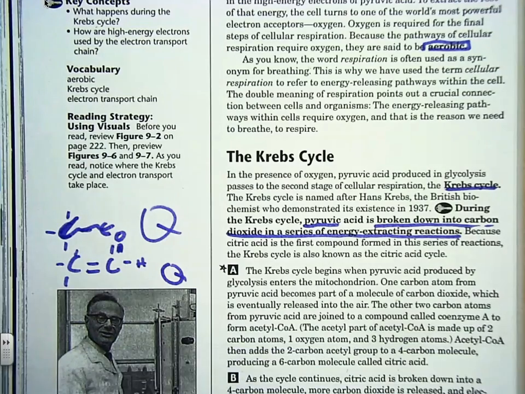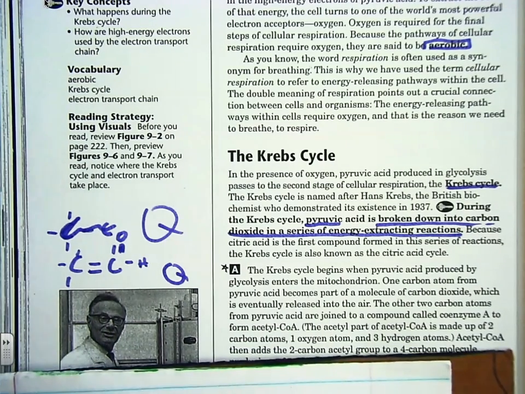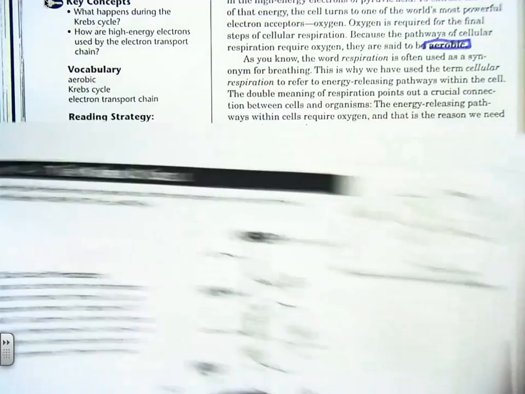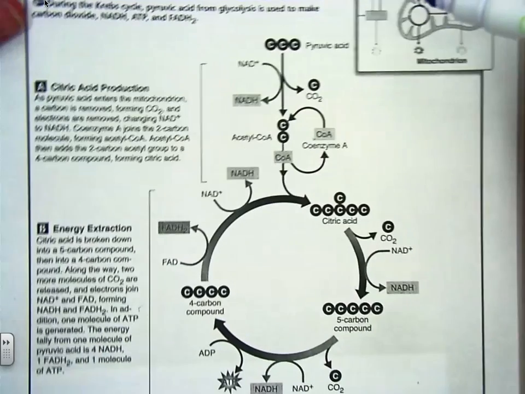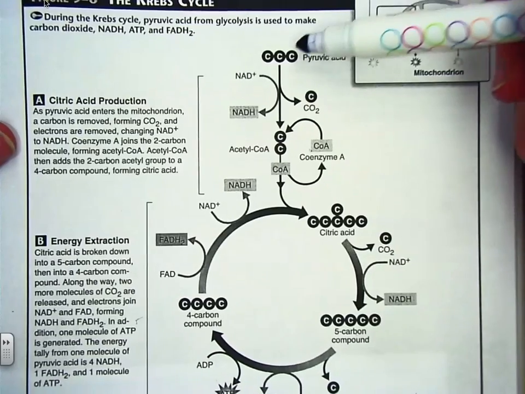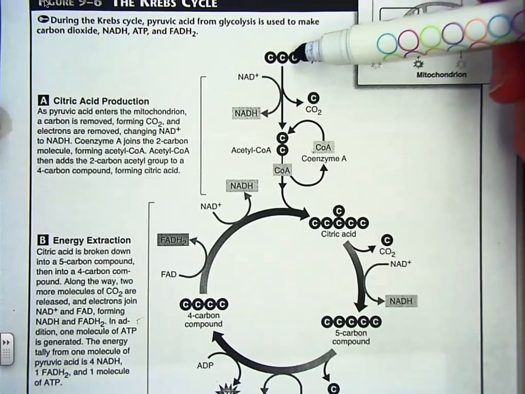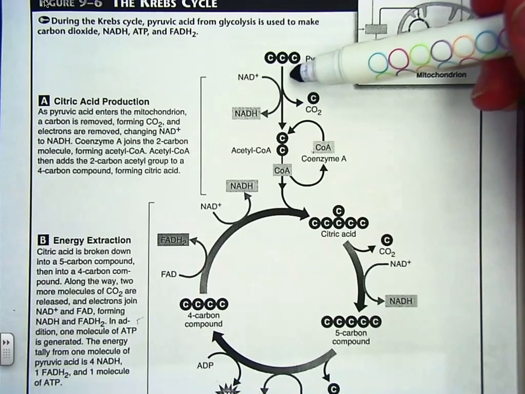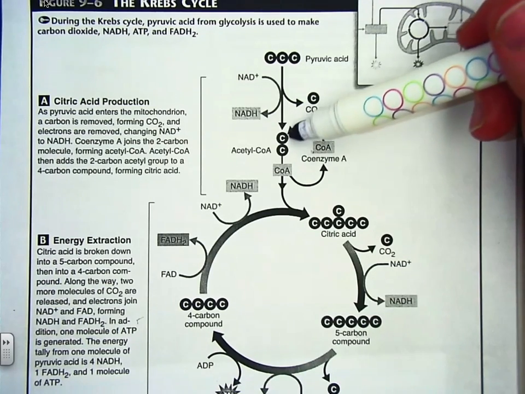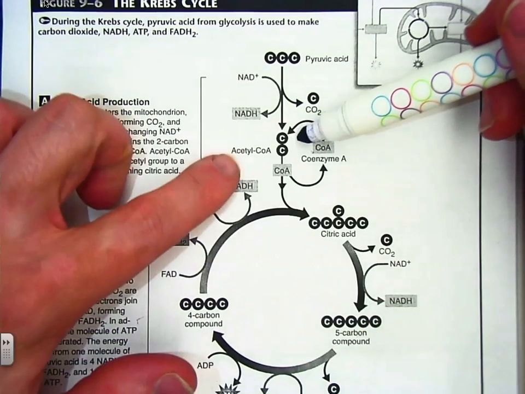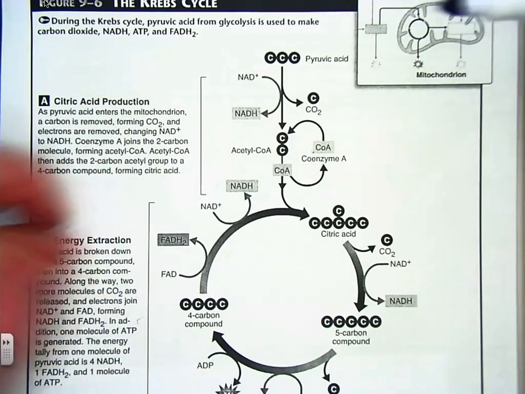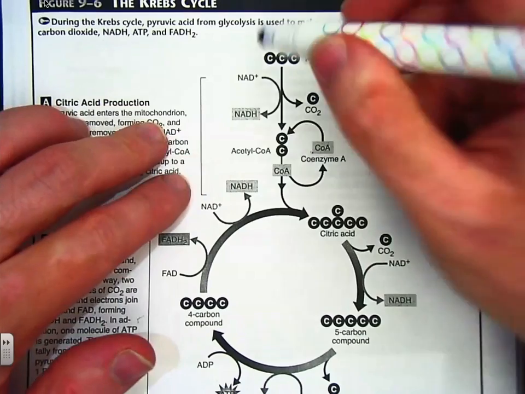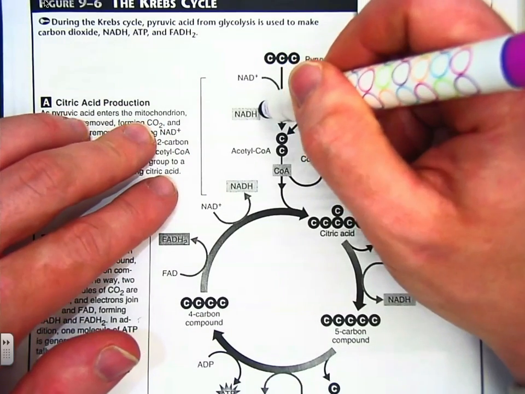Anyway, let's take a minute and look at what they're saying on the actual picture of the Krebs cycle. Check it out. So basically, here's the Krebs cycle. It's on the next paper. Pyruvic acid is this 3-carbon molecule. It enters the mitochondrion right here, and it gets turned into a molecule called acetyl-CoA. It gets turned into that by removing 1 carbon in the form of carbon dioxide and turning NAD plus into NADH.